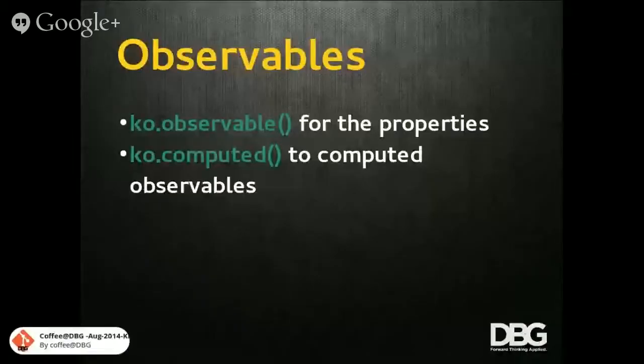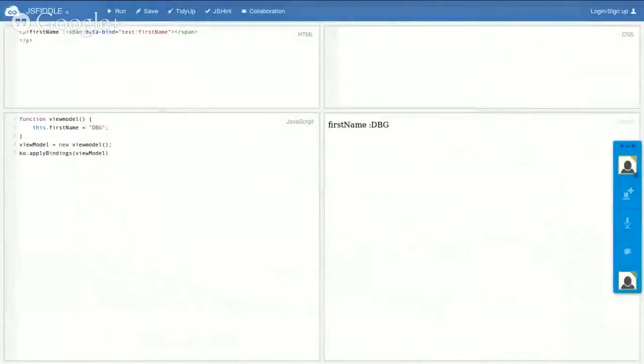So let's see how it works for a real scenario. I have just bound it with a span element. What I am going to do next is add another field, a text box field, and bind this variable itself to that. So let's see how it works.